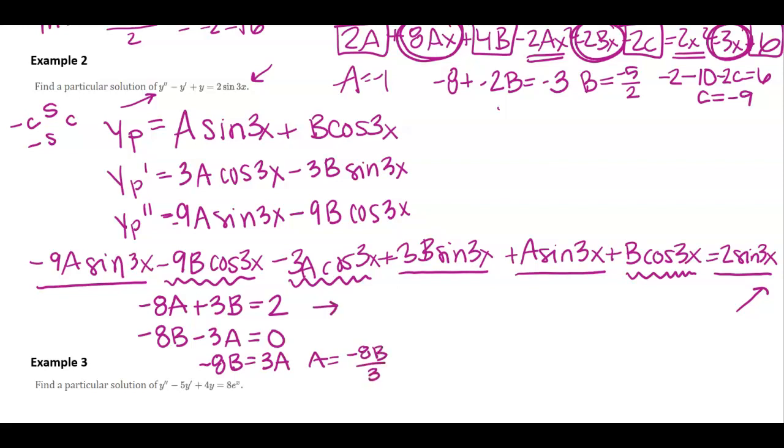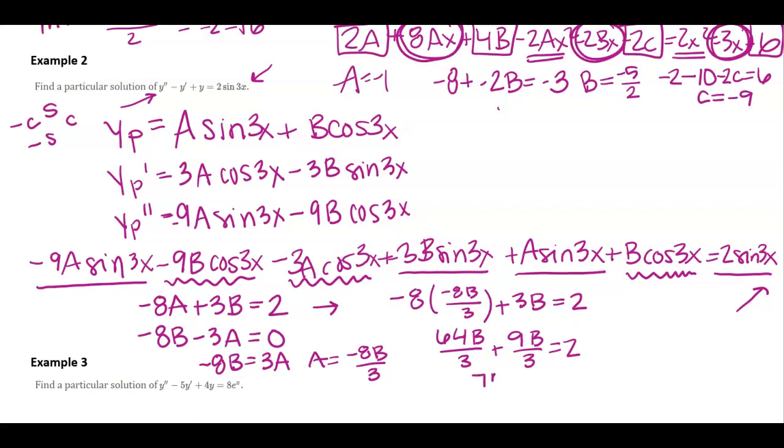I can then plug that in here. I get 64b over 3 plus 9b over 3, just kind of converted that, equals 2. So I get 73b equals, I'm going to go ahead and just move that over.